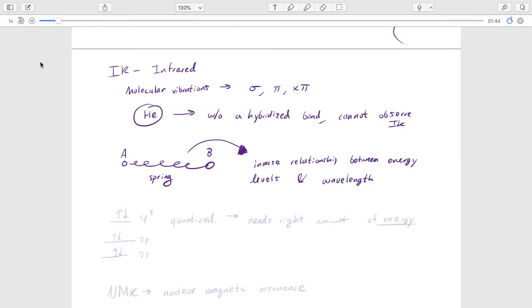What's really important about this is the theory of quantum. It's really the whole basis of quantum mechanics, that electrons can only move in certain steps. That makes sense because we've seen orbitals like 2s, 2p, sp3. It can only move down from one orbital to the next, or from one energy level to the next, and it has to have the right amount of energy.